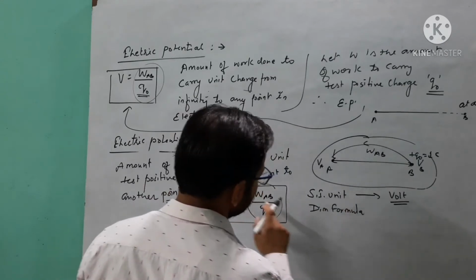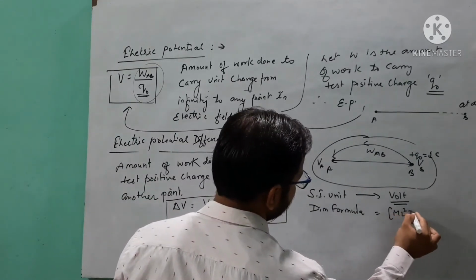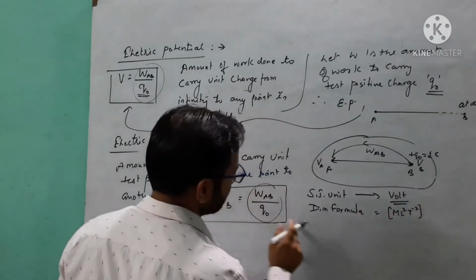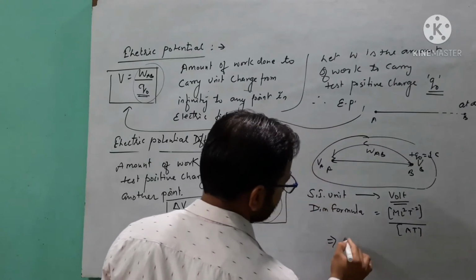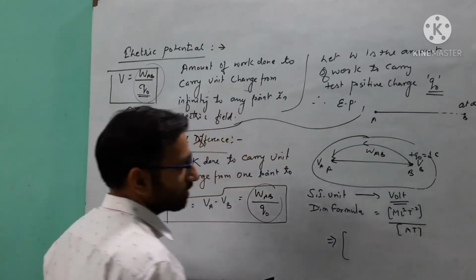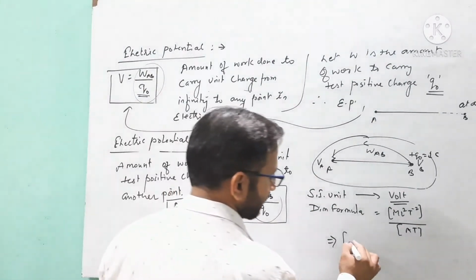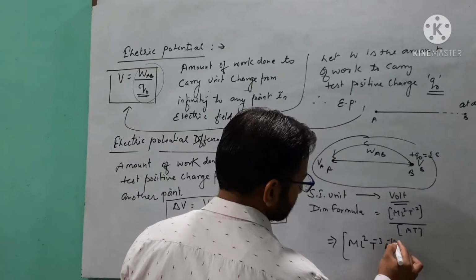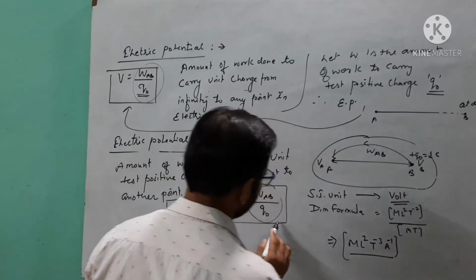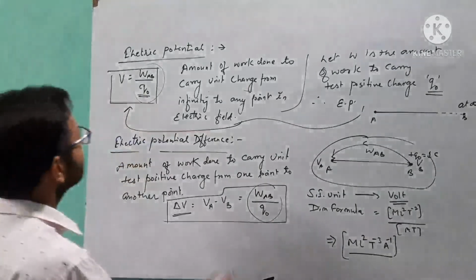Dimension formula means we will first write the dimension formula of work, after that charge, and finally we will get it. You have to understand how we calculate the dimension formula. So ML²T⁻³A⁻¹, this is the dimension formula of electric potential difference and the electric potential.